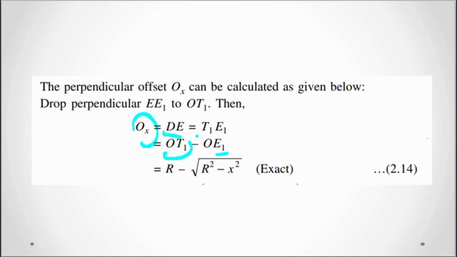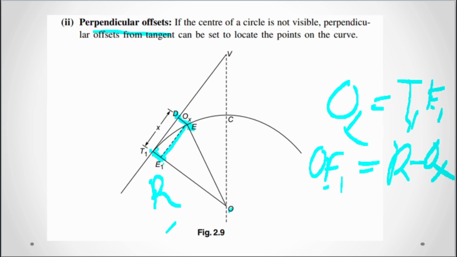That is calculated there. So by subtracting, the distance of x we have already gotten. So the distance OE, here again we'll have OE1 squared plus the distance E1 to E, and that distance is x, as you can observe here.